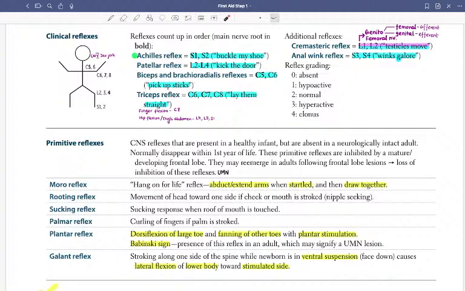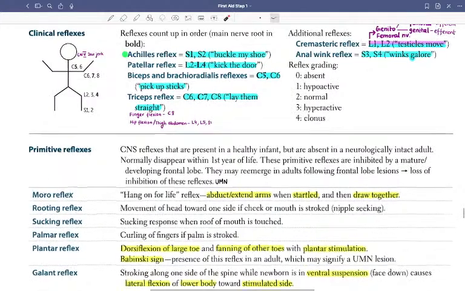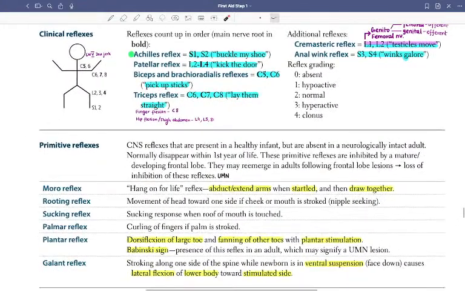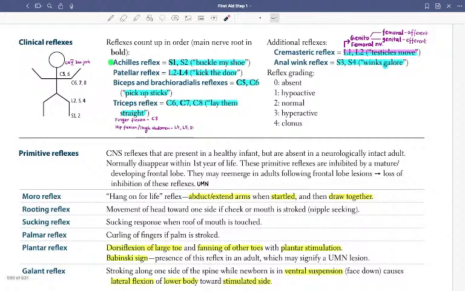Okay, so let's try and make a mnemonic out of this. First we have biceps. Biceps is 2, so we have two nerves, that is C5, C6. Even if you remember the root value of the musculocutaneous nerve, then also it will work.